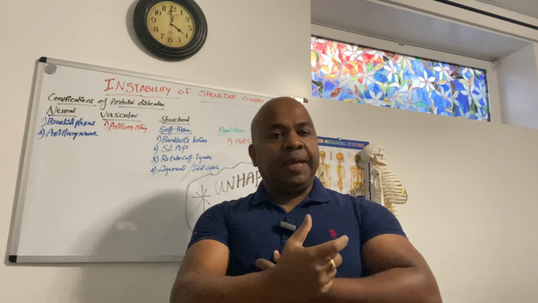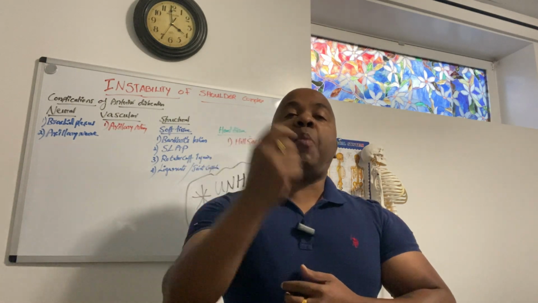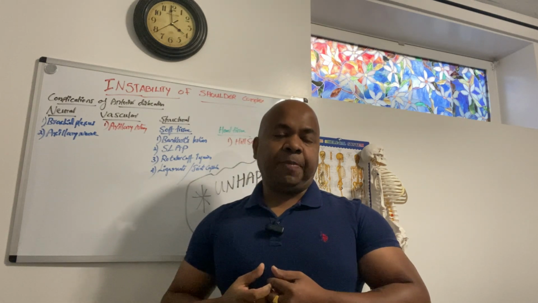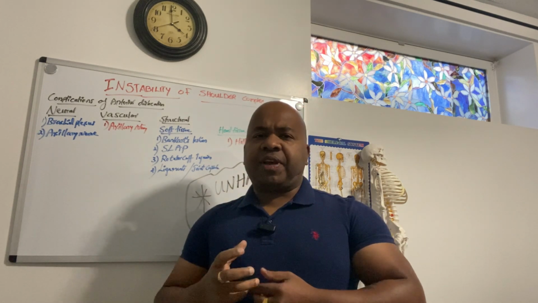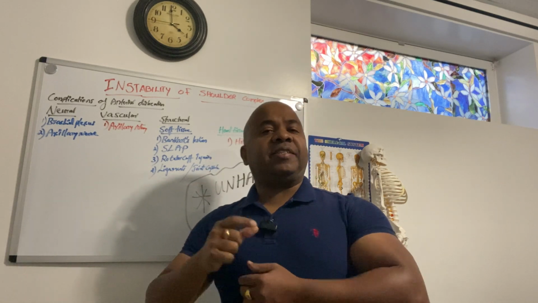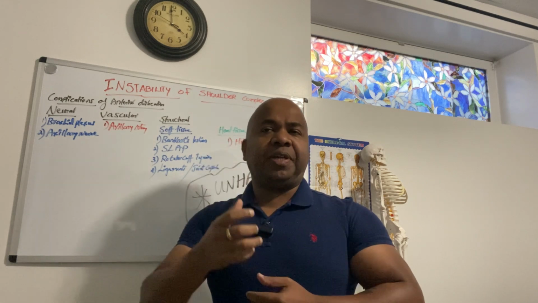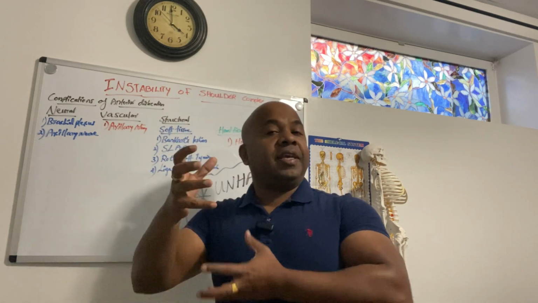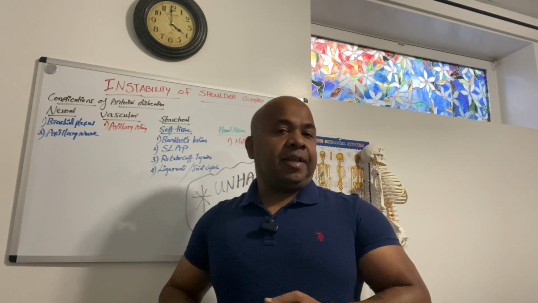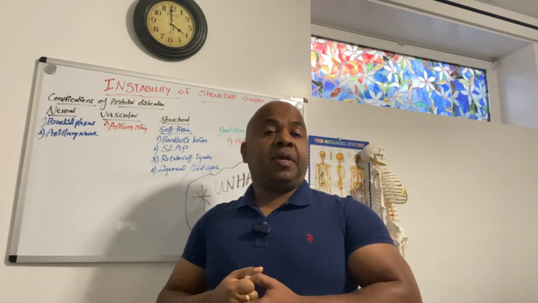Of these three, anterior dislocation is the most common type of dislocation. And inferior dislocation, as I told in the static stability of the shoulder joint, is mainly seen in stroke patients when there is paralysis. Mainly the head of the humerus moves out of the glenoid cavity.